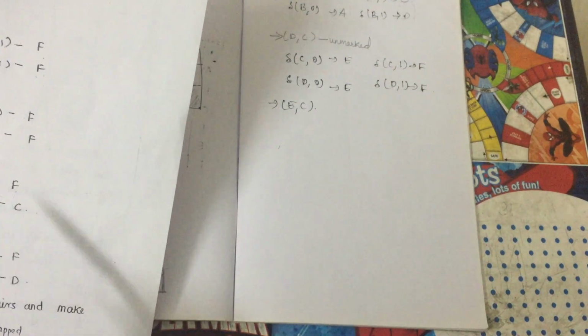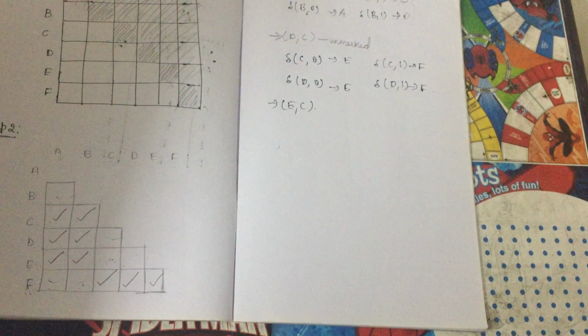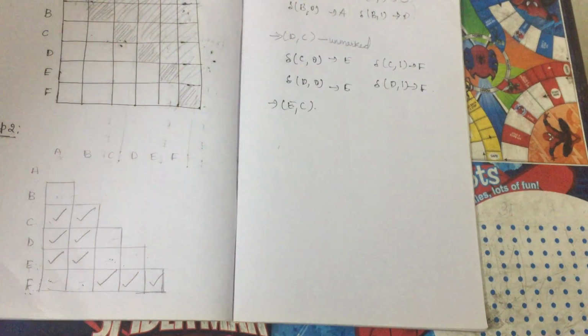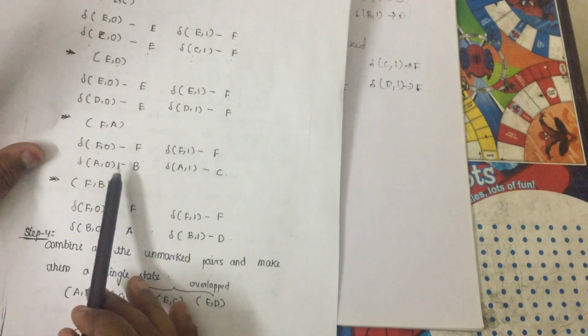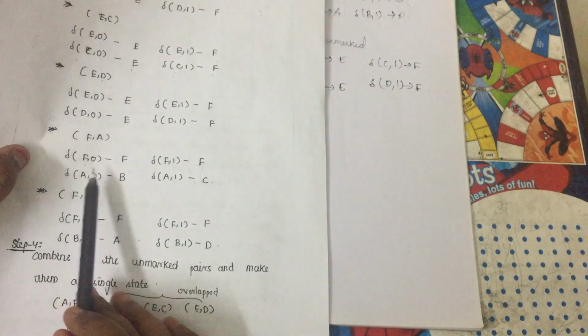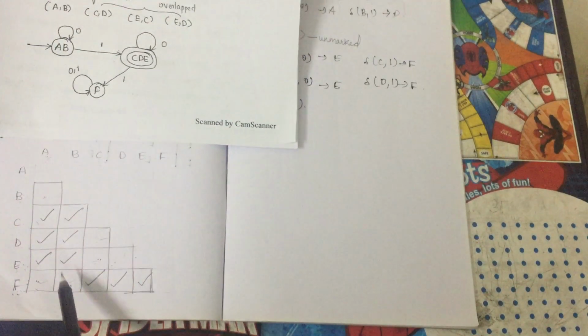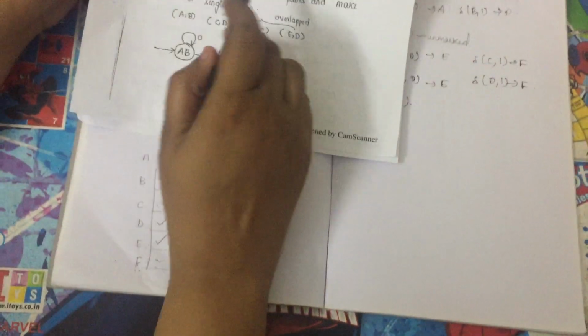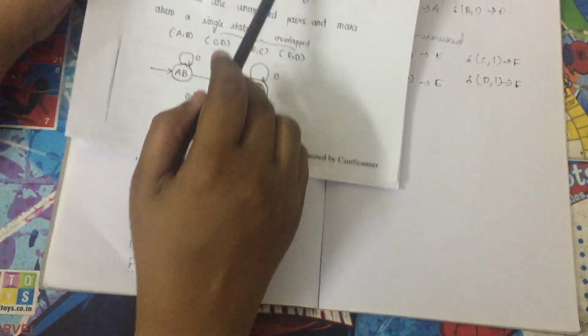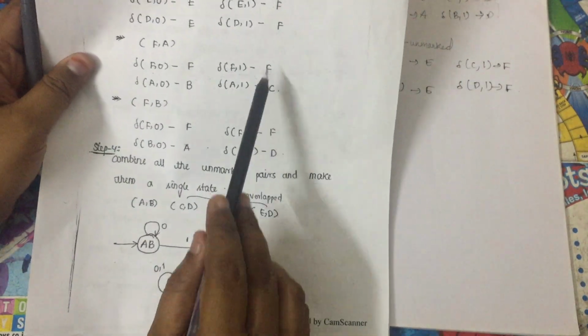Now check for this CF or FC. See here, the output for the 0 input symbol is FB. If we observe, we don't have any BF cell marked. So don't mark this. Coming to the input symbol 1, if we observe here F, C the output.